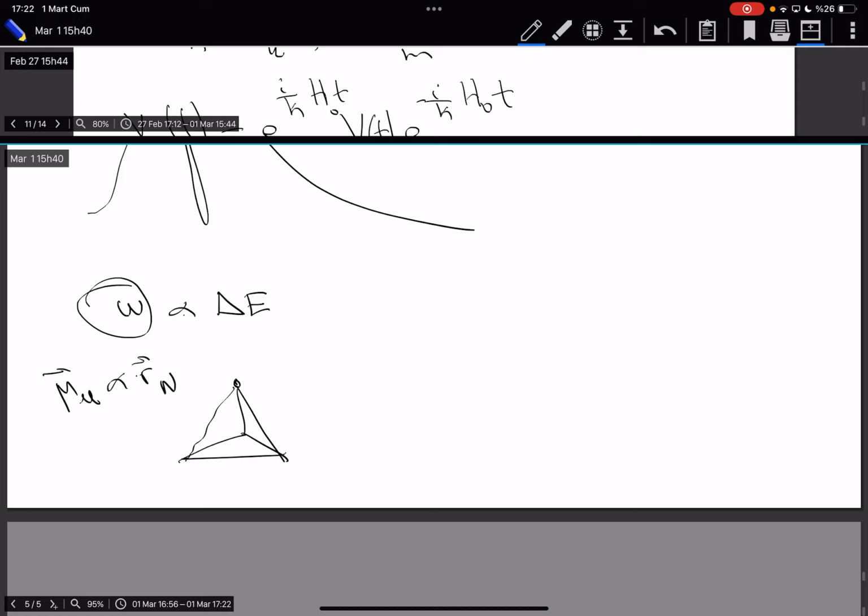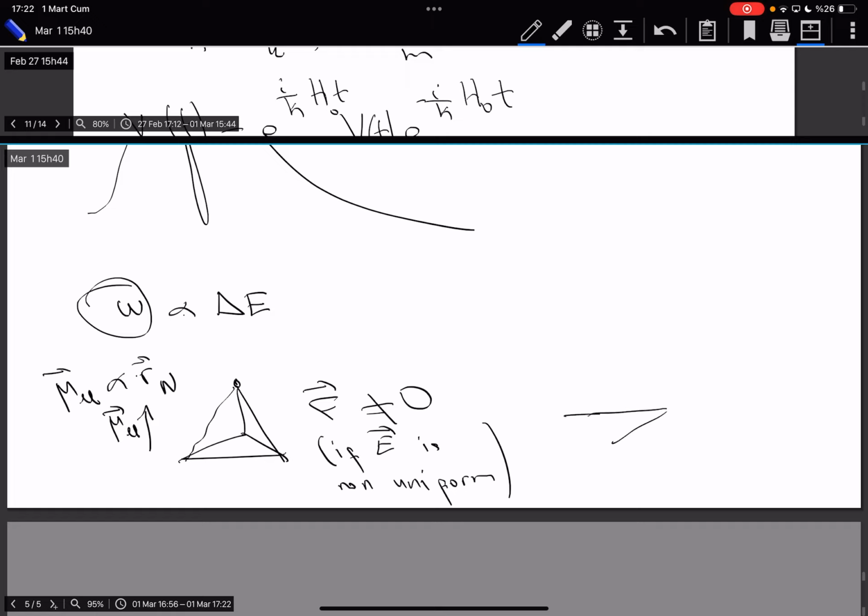Let's say that this has an electric dipole moment in this direction. So the force acting on this will be non-zero if E is non-uniform. The force acting on this one, I'm sorry.